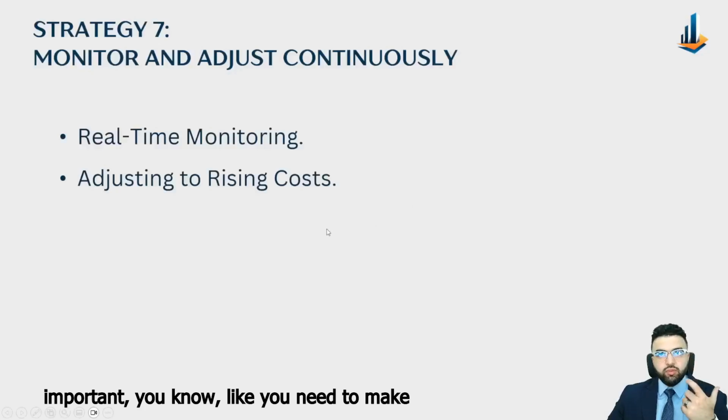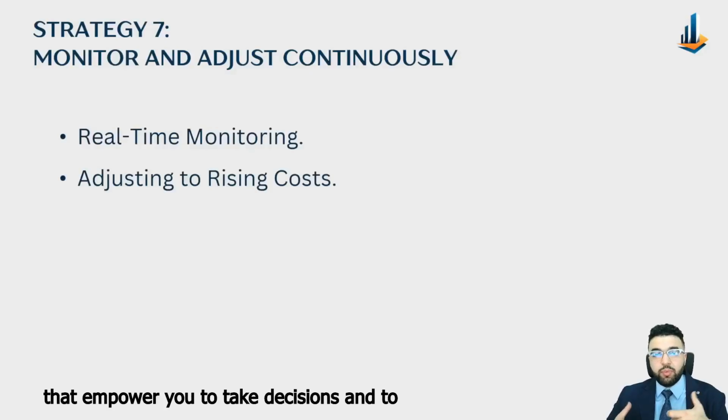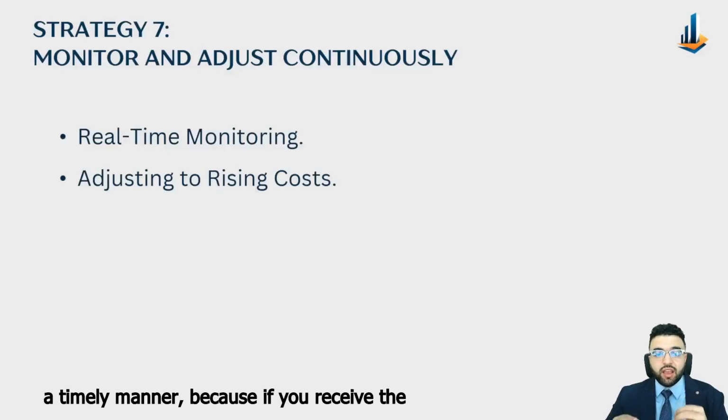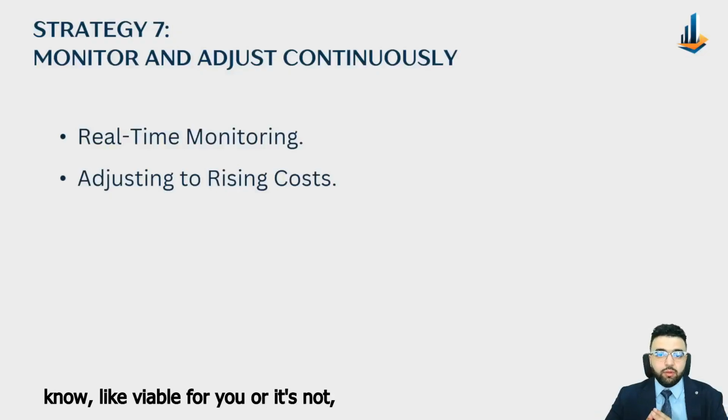You need to make sure that you have a system in place that empowers you to take data-driven decisions in a timely manner. Because if you receive the data at a time that is not viable for you, or you don't need it anymore, then there is no need for the preparation of that data.